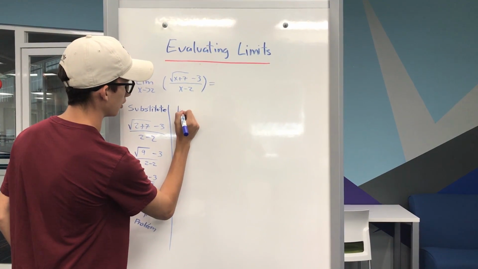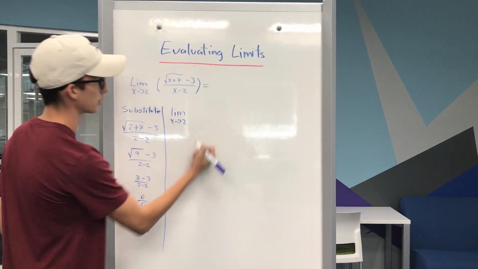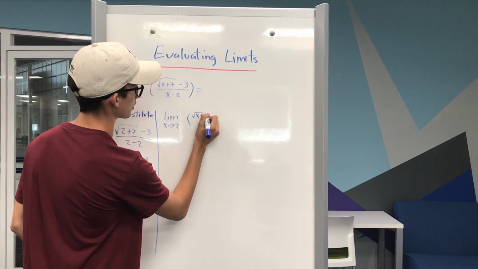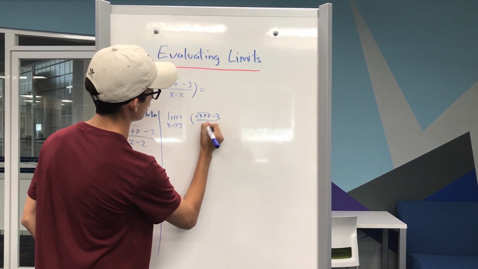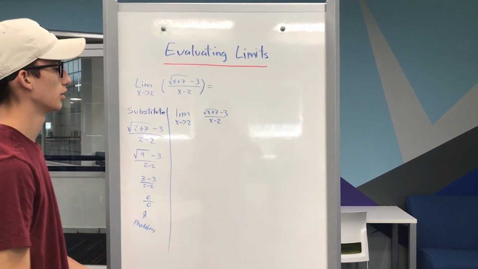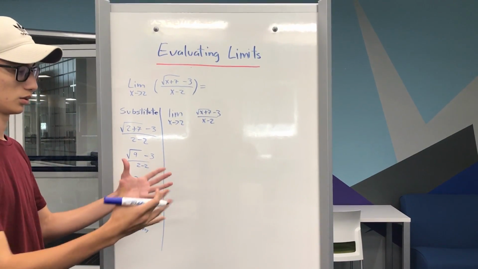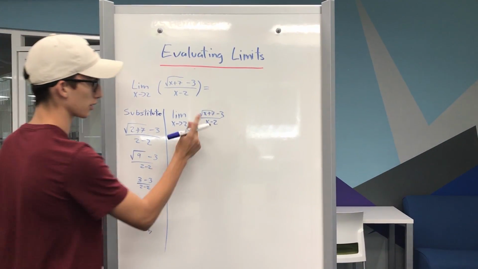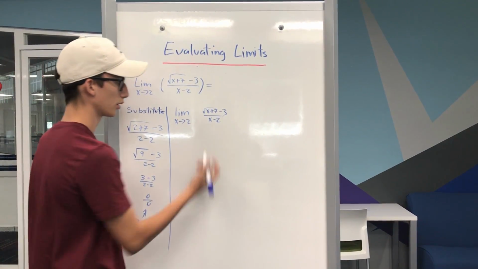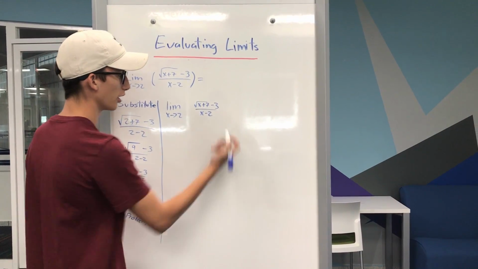So by doing the limit as x approaches 2 of the square root of x plus 7 minus 3 over x minus 2, to find the answer we need to use the conjugate because we have to get rid of the square root, sorry.